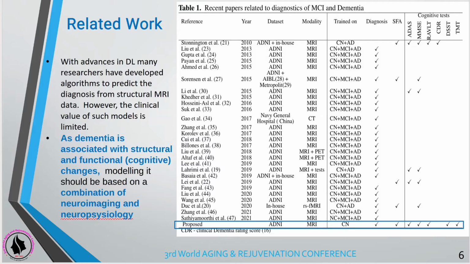Let's take a look at what is happening in the literature. Many researchers are trying to address the issue of predicting the diagnosis from structural MRI images. However, the clinical value of such models is limited because mostly researchers are trying to predict the diagnosis from a cognitively preserved and cognitively retarded population jointly, and they are not using a functional part of the association.